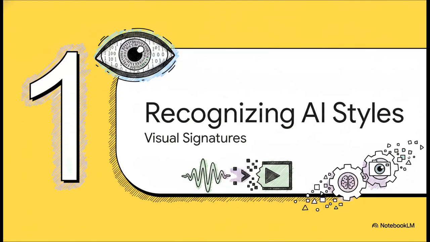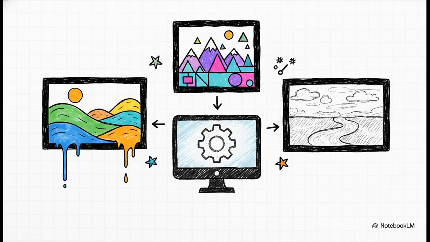Part 1, recognizing AI styles through their visual signatures. So, to defend against being unknowingly swayed by synthetic media, we first need to know what its distinct visual vibes look like. If you're watching a highly structured overview, you really want to pay attention to the aesthetic. Tools like NotebookLM generate animations from scratch using very specific visual styles.